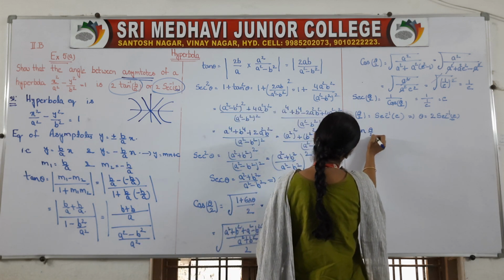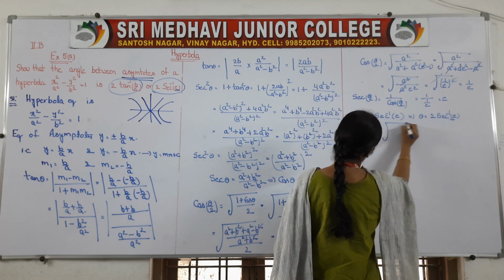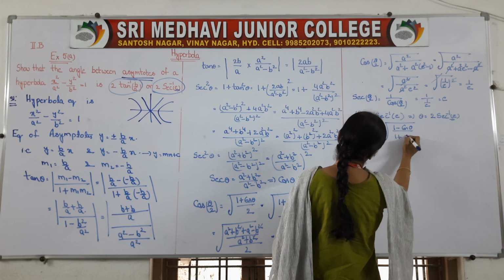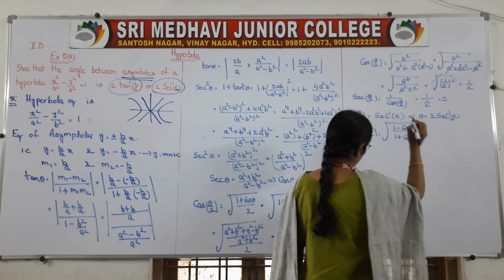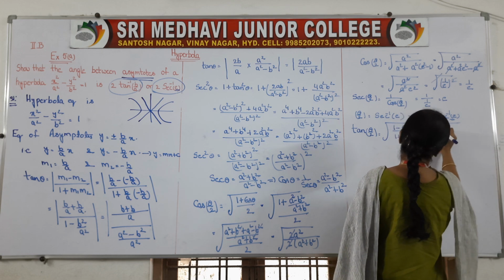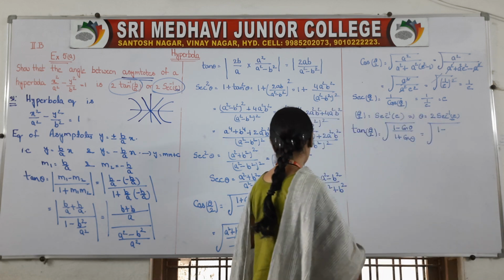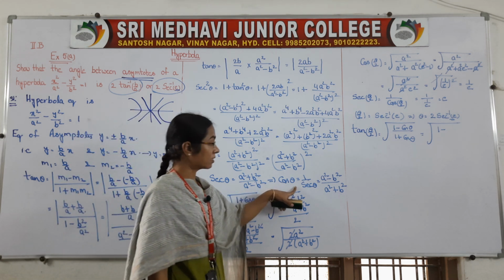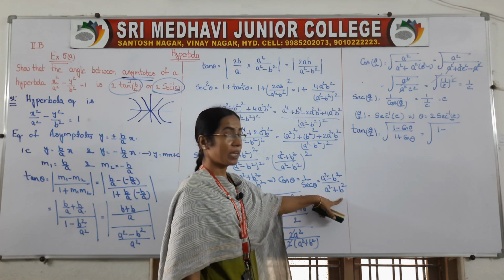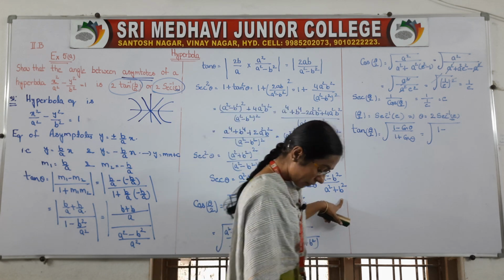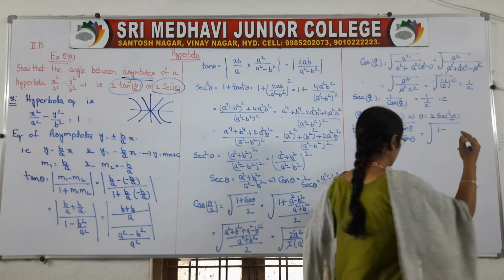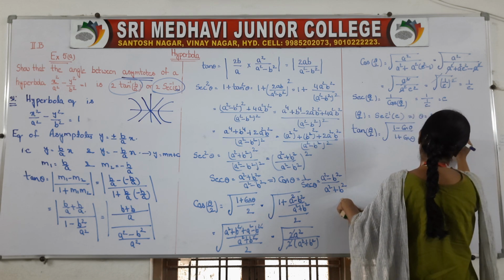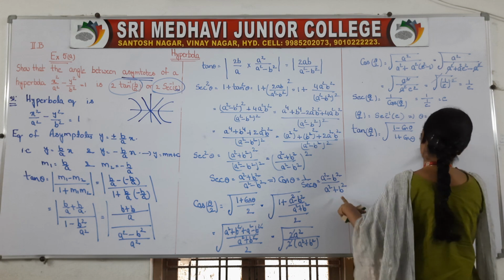What is that? tan(θ/2) is equal to root of (1 − cosθ)/(1 + cosθ). So it is equal to root of 1 minus cosθ. We got the cosθ value as (a² − b²)/(a² + b²). So take that value, (a² − b²)/(a² + b²).